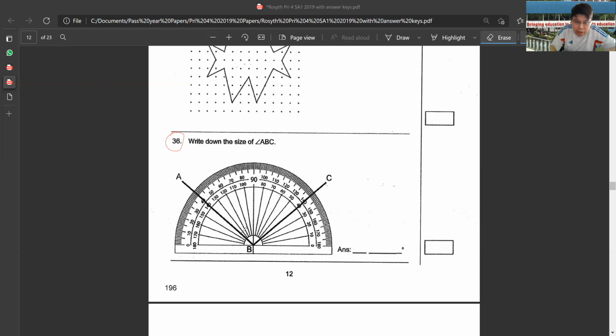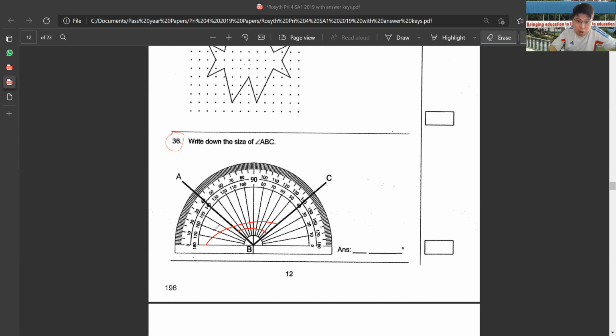What must you do to find this angle? You should use a protractor. So this angle is how many? It's not 90 degrees. It's 140 degrees.